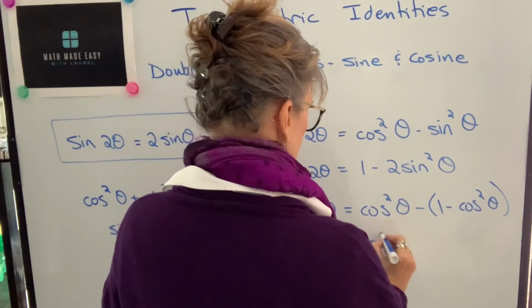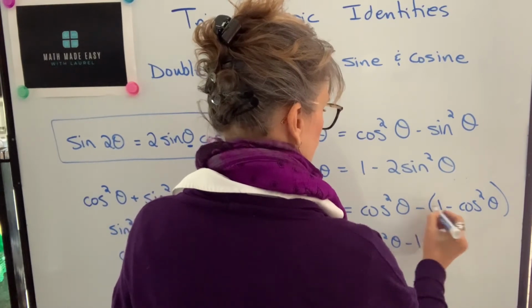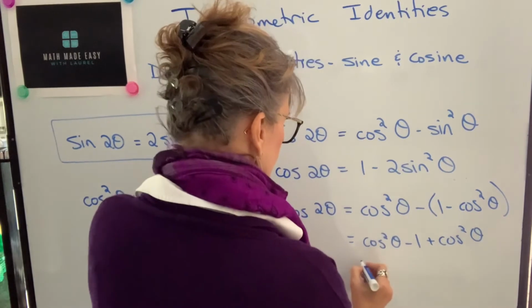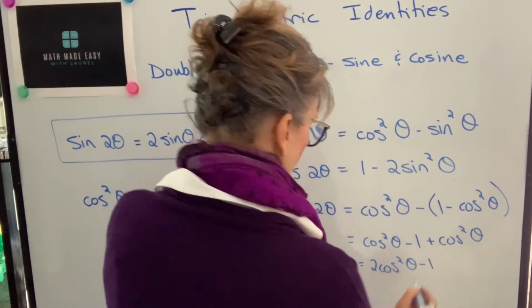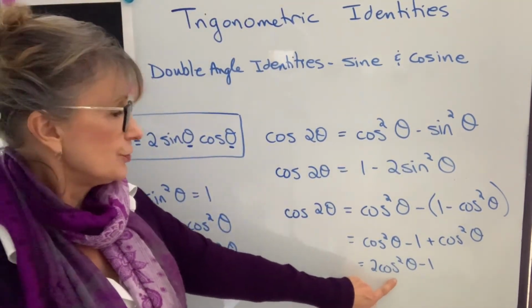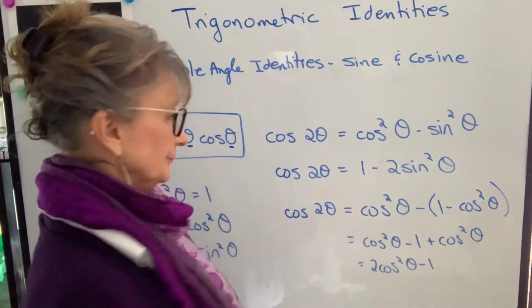And when I expand, I'm going to get minus 1. A negative times a negative is a positive. I combine like terms. So cos of 2 theta is also equal to 2 times cos² theta minus 1.